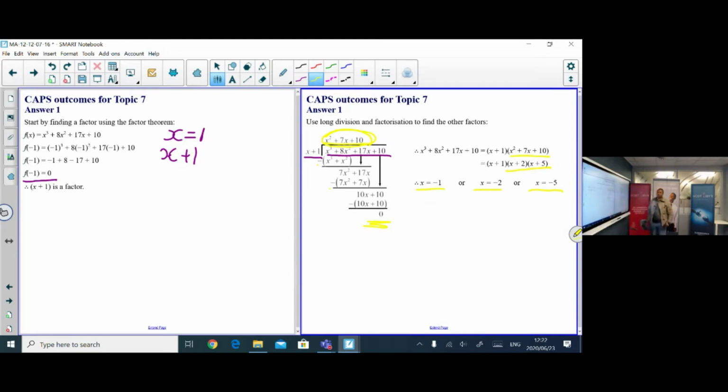So that is the method to solve any polynomials that come in this fashion where you must solve, which means they're equated to 0. You first look for a factor, and then you can divide that factor into the original expression using your long division. You can also use the synthetic method if you are happy with it, and you get your other solutions by further factorization.